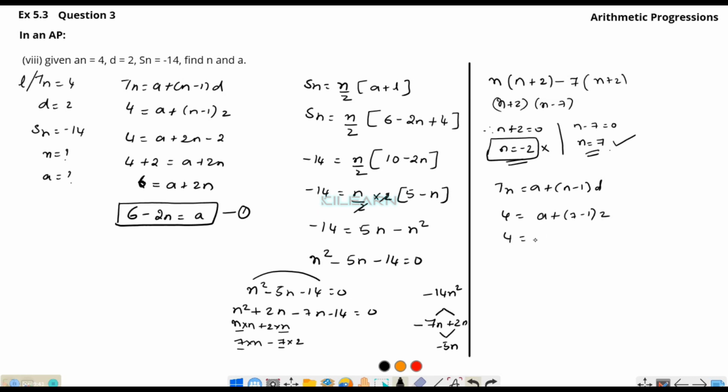So 4 is equal to a plus 6 into 2. 4 is equal to a plus 12. Shift the value: 4 minus 12 is equal to a. So we get minus 8 is equal to a. Therefore n is equal to 7, a is equal to minus 8.